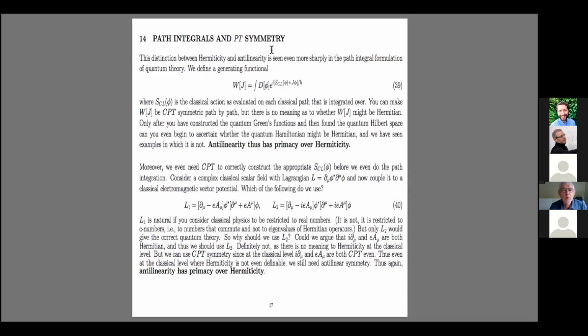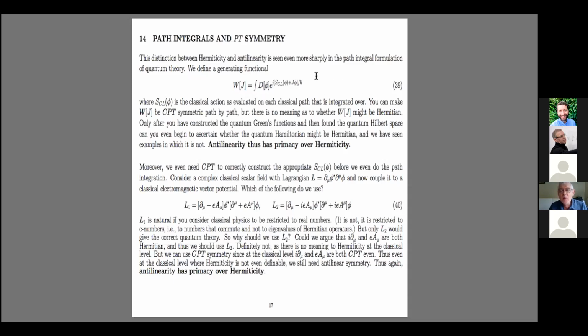Okay. Now, the distinction between hermiticity and anti-linearity is even more sharply seen in the path integral formulation. We define a generating function, W of J. S for classical phi is the classical action as evaluated on every classical path that's integrated over.